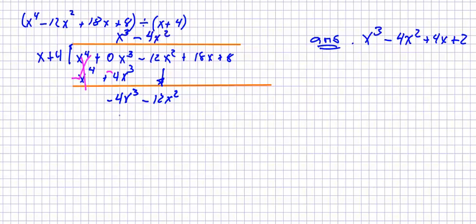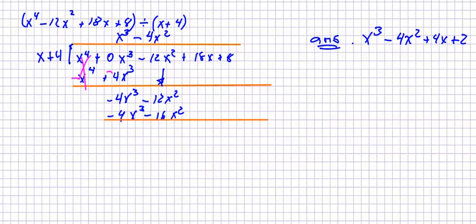And we multiply, remembering to distribute, 4x to the third minus 16x squared. And again, it's just a lot of repetition here.